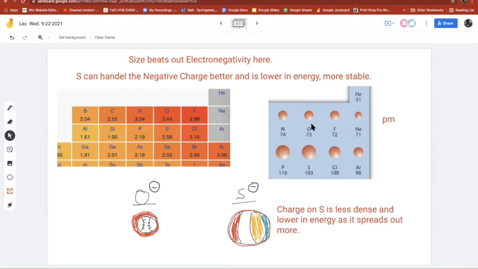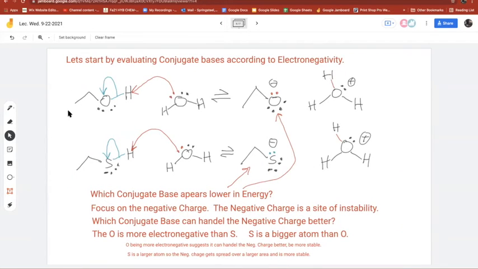What does that mean then about the conjugate acids? My original question, I know I've gone a long ways, was which is the stronger acid, the ethanol or the thiol?